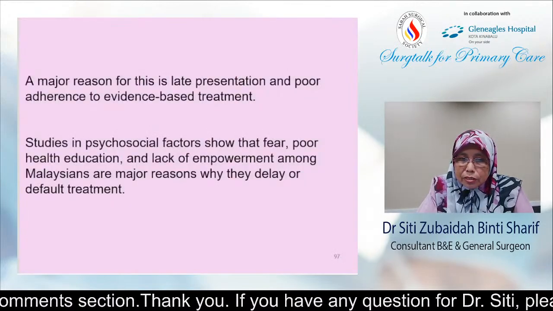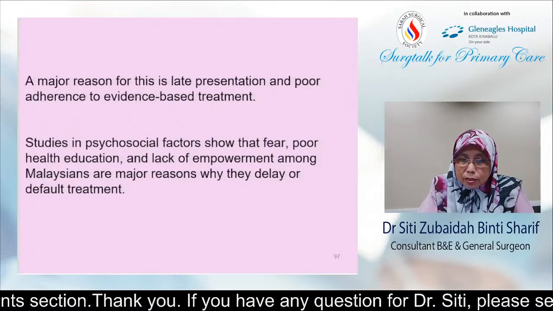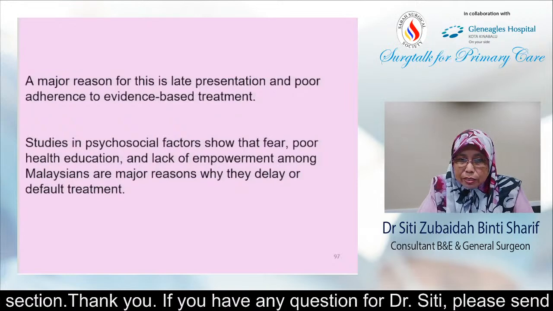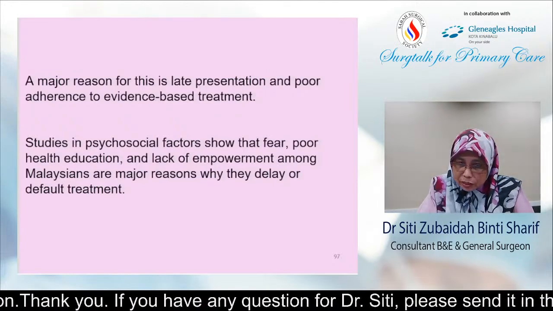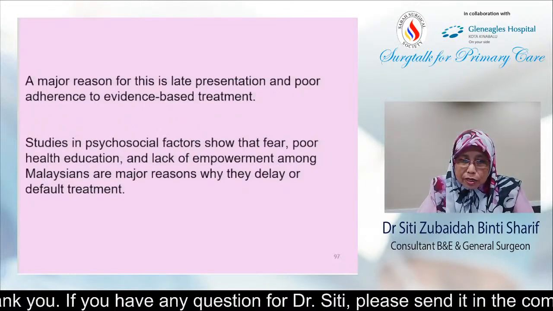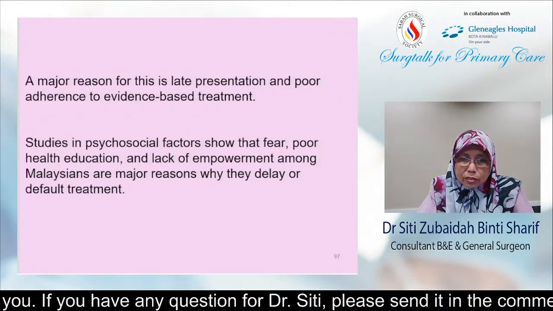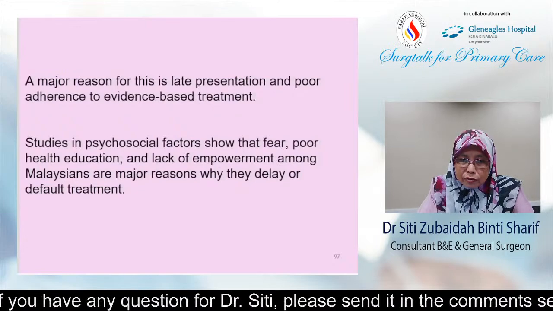The major reason for this is late presentation and poor adherence to evidence-based treatment. Studies in psychosocial factors showed that fear, poor health education and lack of empowerment among Malaysians are major reasons why they delay or default treatment.